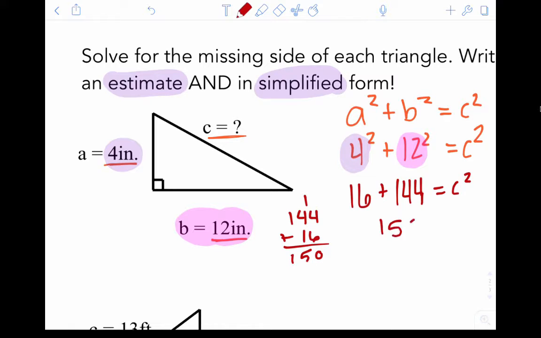So that is 150, and that's equal to C squared. At this point, I know what I need to do. We've done this multiple times. In order to figure out what C is, because I don't care about C squared, I need to square root both sides of this equation.